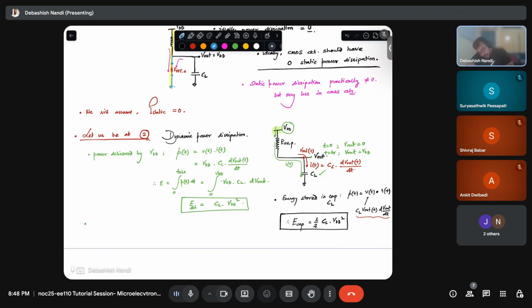So similarly, energy dissipated by R on P is equal to what? Integration of what will be the voltage here? Voltage across R on. What is the voltage across R on P?